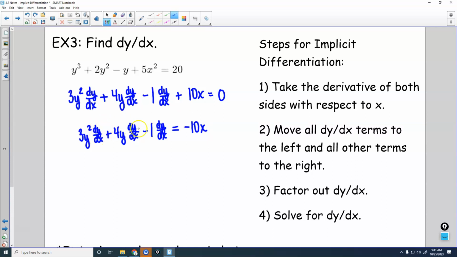Now, since everything over here has a dy/dx, I can factor out that dy/dx. So I got dy/dx times 3y squared plus 4y minus 1 equals negative 10x.